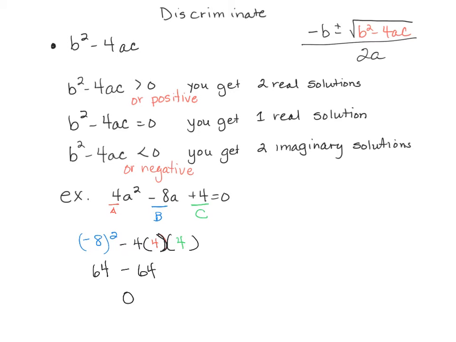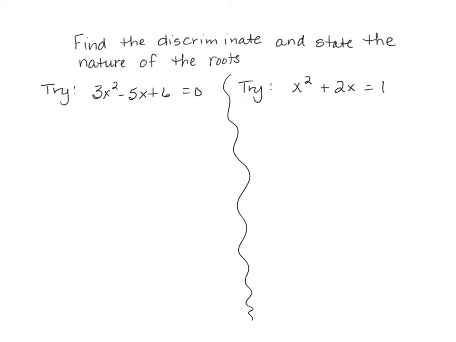If I ask you to find the discriminant, the discriminant is 0, and then state the nature of the roots, I would say one real solution. I would like you to try this one, answer the question on the right, and then continue.